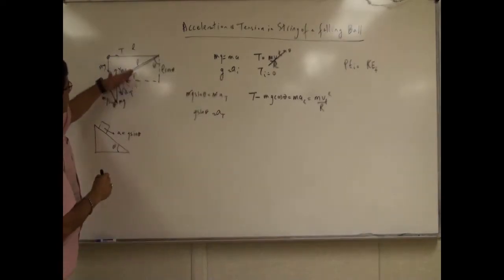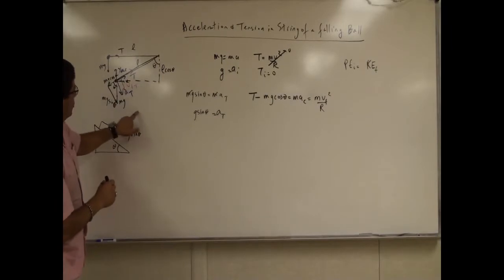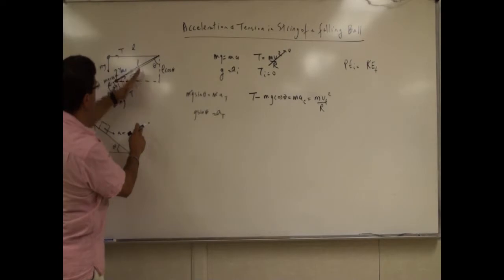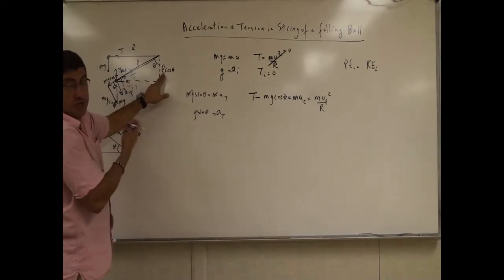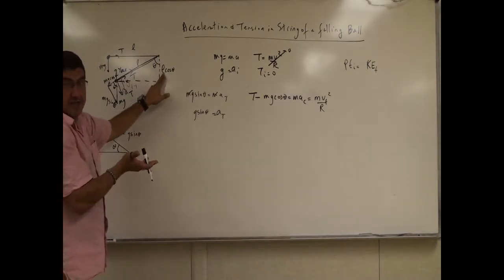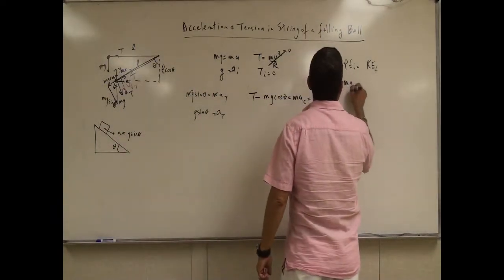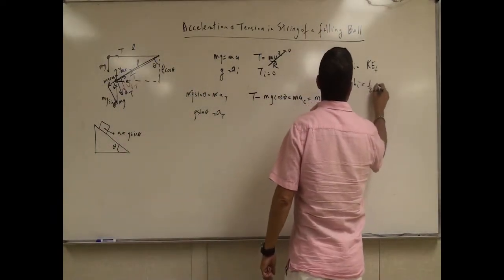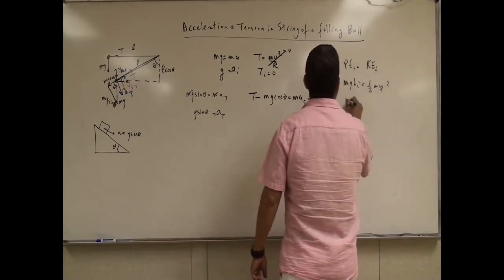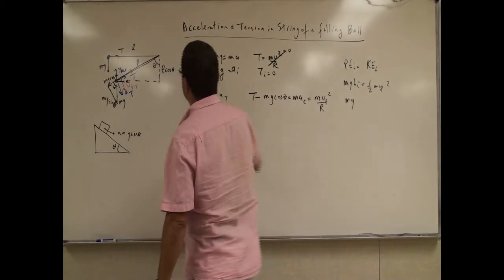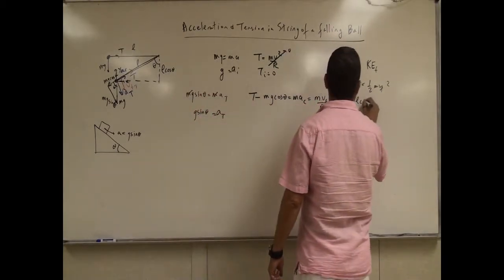As this thing is going down, the ball is getting lower and lower, but the equation is still L cosine of theta. So the initial potential energy is mg h initial, which equals half m v final squared, and h initial is going to be this distance here, L cosine theta.